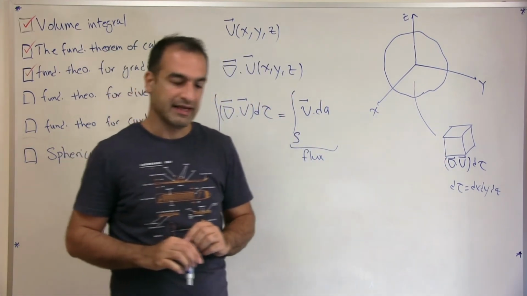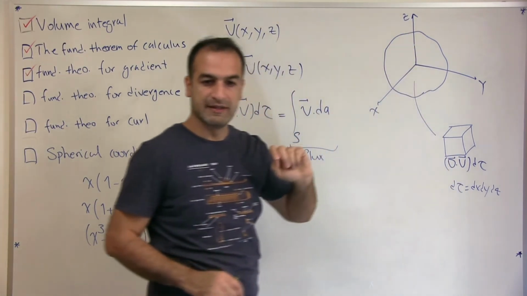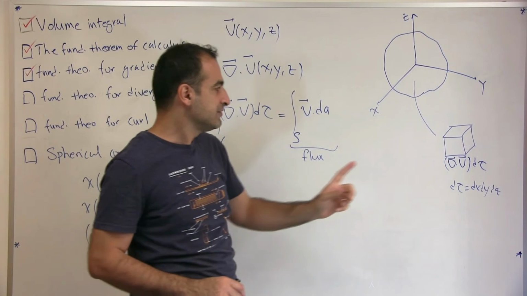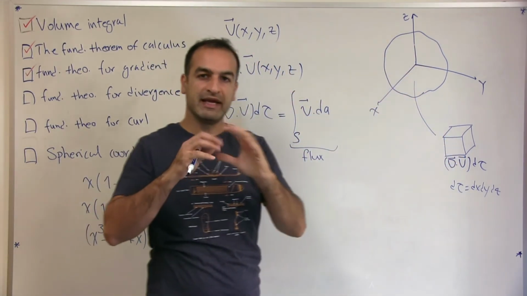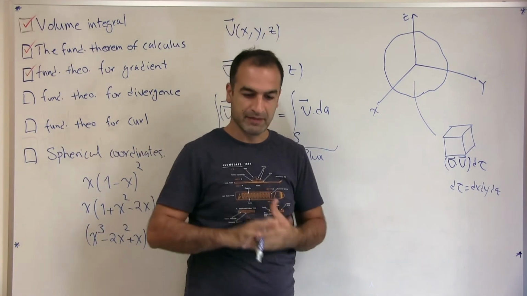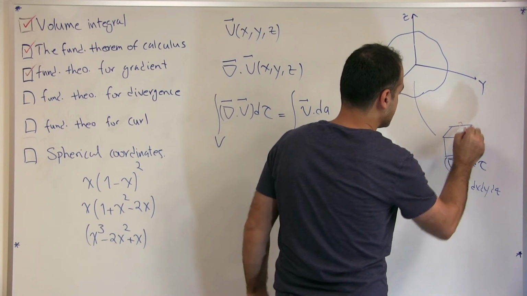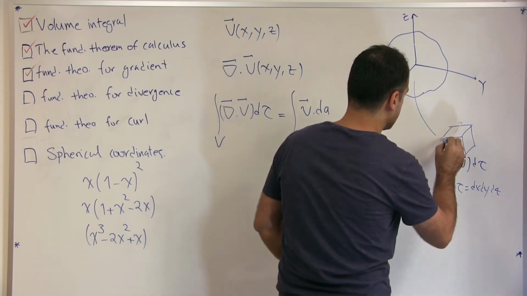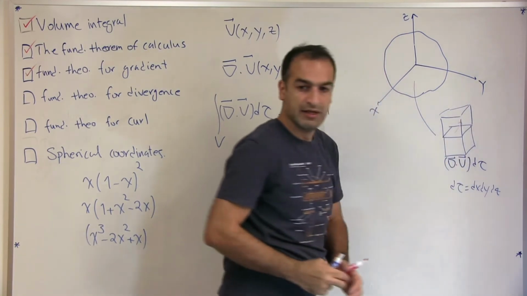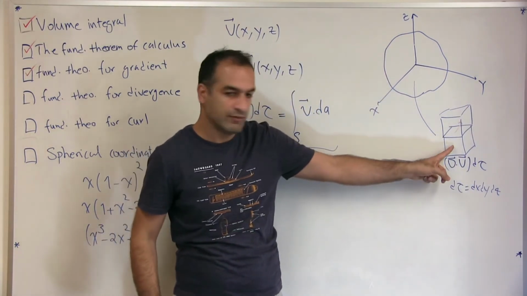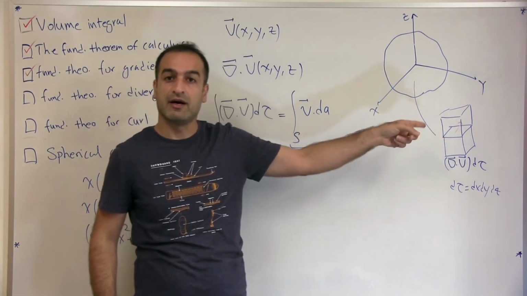Once we integrate this divergence over the whole space, you should imagine we have this small cube here. The whole shape is made of many, many small cubes. Whatever flux is going out of this side is technically entering another cube, which is right on top of this. So the flux going out of the bottom one is entering the top one.